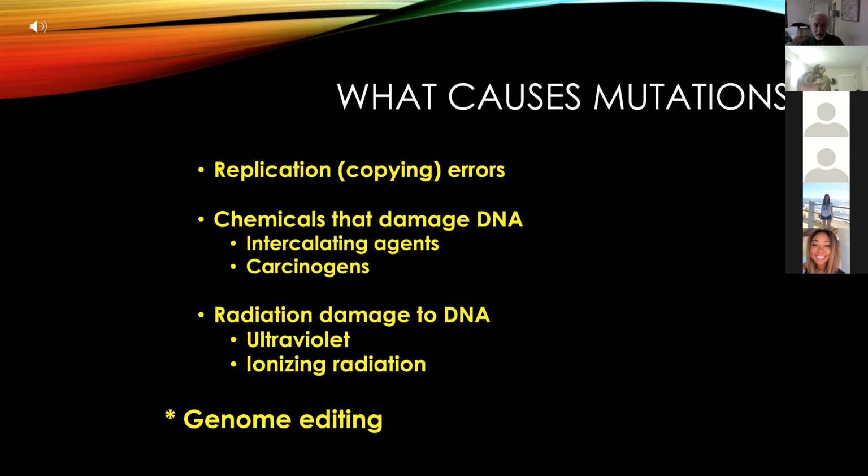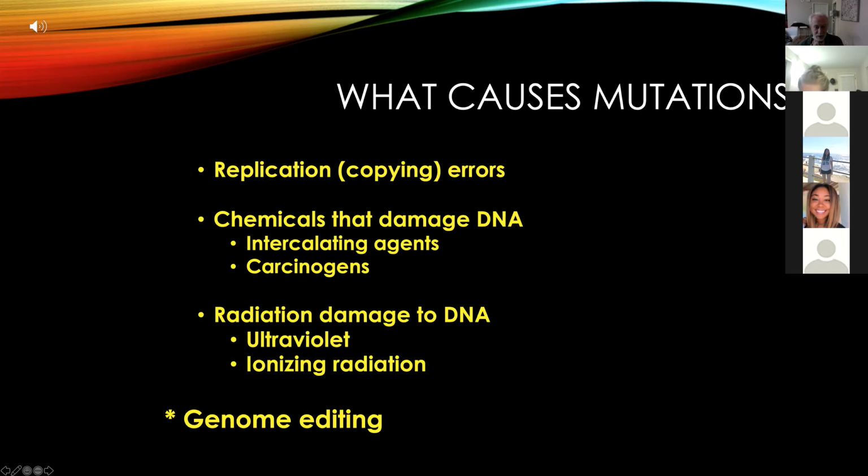There are several other enzymes that are required to help. It's a very complicated process, and because it is so complicated, mistakes can happen. And so just by the normal replication of DNA, we can get mutations.